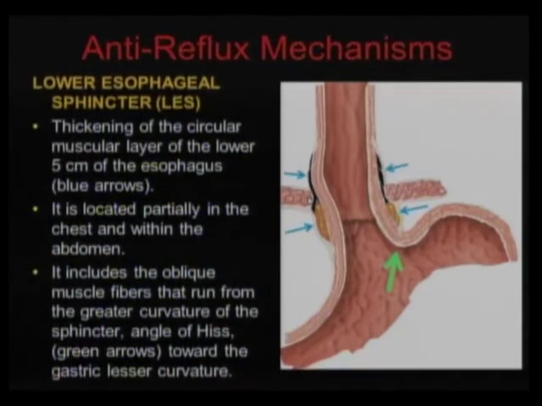It's located partially within the chest and partially within the abdomen, okay? Sometimes it includes some oblique fibers from the greater curvature of the stomach, here, that form the angle of His, which is also another anti-reflux mechanism, toward the lesser curvature.